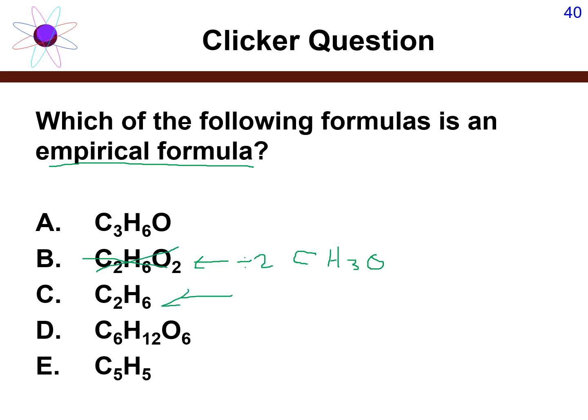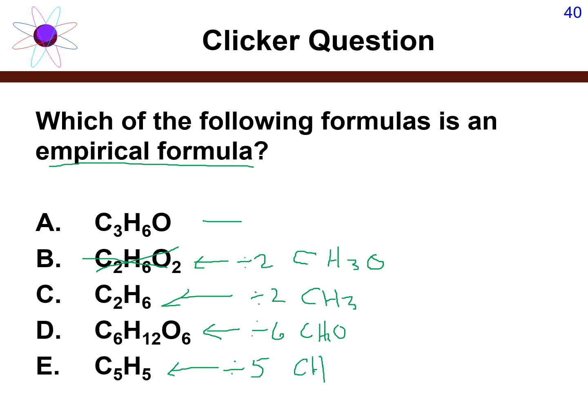We could also divide this by 2, letter C. If we do that, we would get CH3 for our empirical formula. We've already talked about this one. Divide that by 6, you get CH2O. This one, you can divide both of those by 5 to get a reduced version, to get CH.